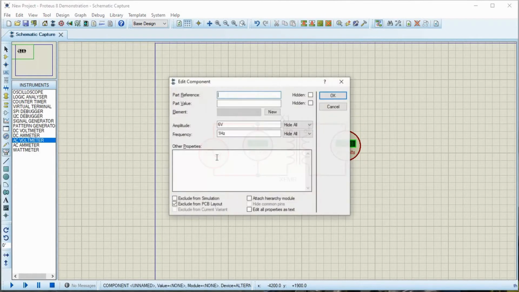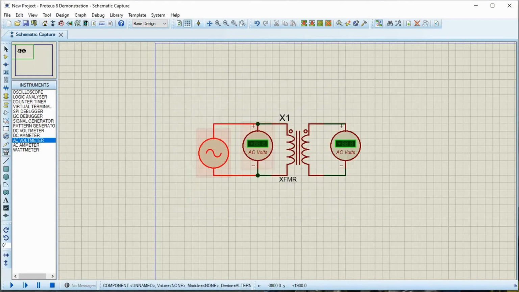Okay, let's see what it is. It's 50 hertz and 220 volts. Not sure if they are taking RMS or peak value. Anyway, we'll check it out. So I think they're taking peak. That is why our 220 volts is showing 155 volts RMS.